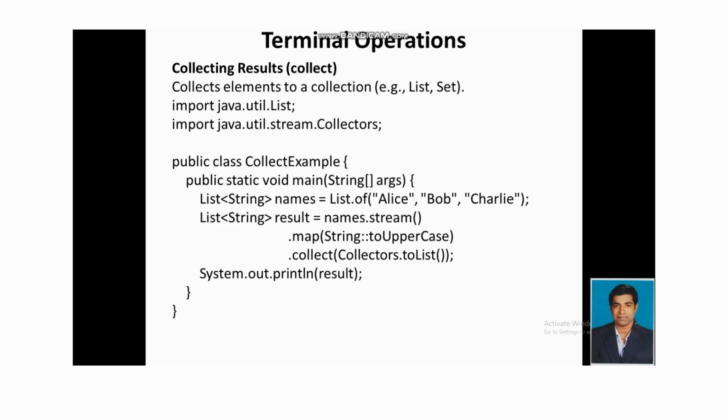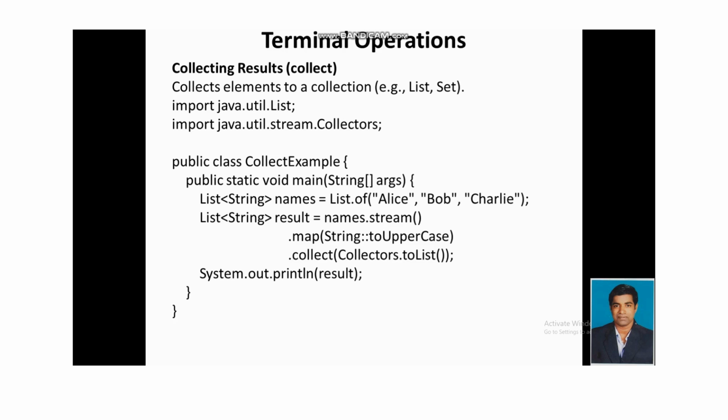Another list is created, a String type list, and the name of the list is result: names.stream().map(String::toUpperCase).